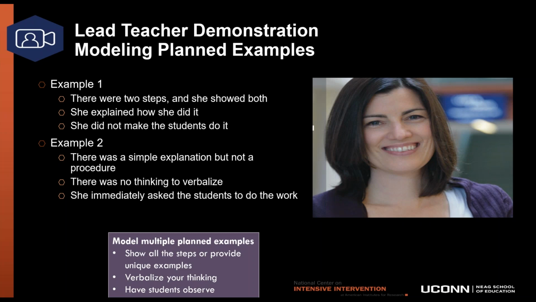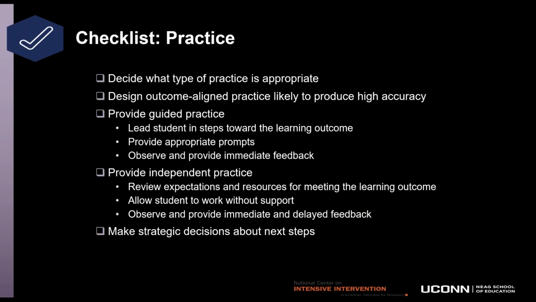So moving on to practice, this is a long list of things that constitute practice that I'm not going to go through in detail. I'm going to read just the 5 big boxes there. First, you need to decide what type of practice you need. Do you need guided or independent or both? Then you want to make sure that you provide practice that's directly aligned with your learning outcome, and that students will be successful with it. In guided practice, we often recommend 85% accuracy.